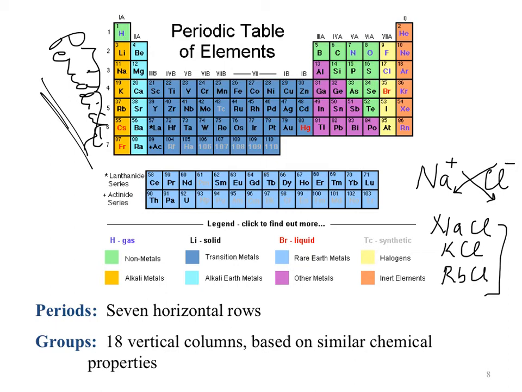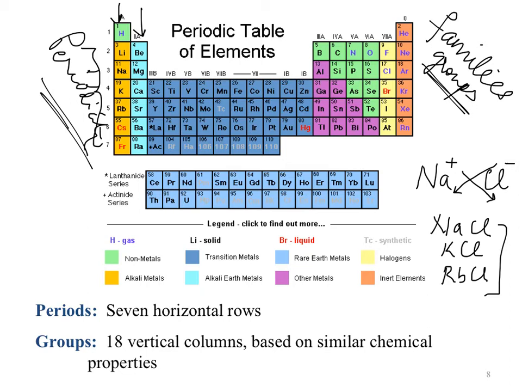So realize that you have vertical groups. Sometimes they are also referred to as families, or groups. And they are put together in that group because they have similarities in their properties.